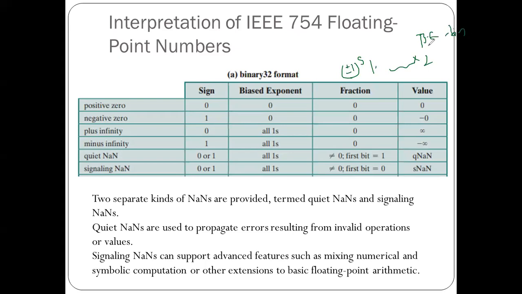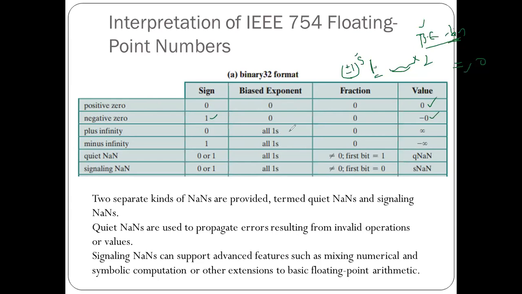Since 1 dot 0 gives a value of 1, and 1 into 2 power minus bias value results when the biased exponent is 0, that value is not 0, but we assume it to be 0. That is one adjustment done in the IEEE 754 standard. If all are 0, the value is considered 0. If the sign component is 1, the value is considered minus 0.